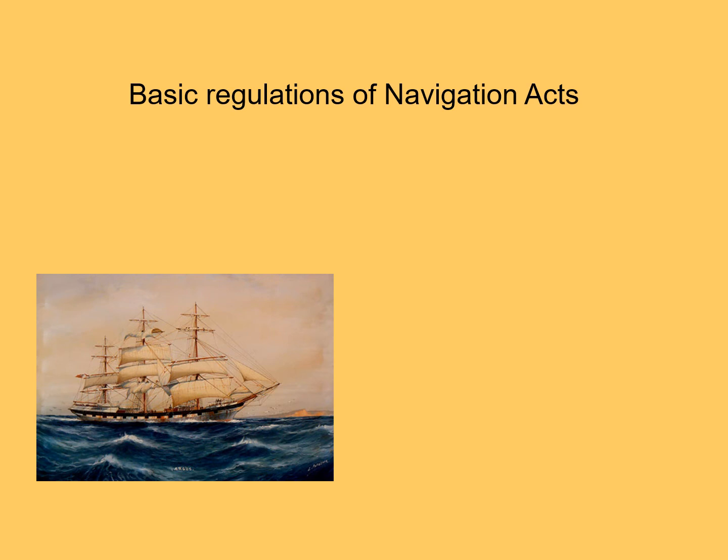Number one, one of the first Navigation Acts deals with shipping to the colonies. Any trade done with the colonies had to be carried out in ships that were owned by British or colonial subjects.